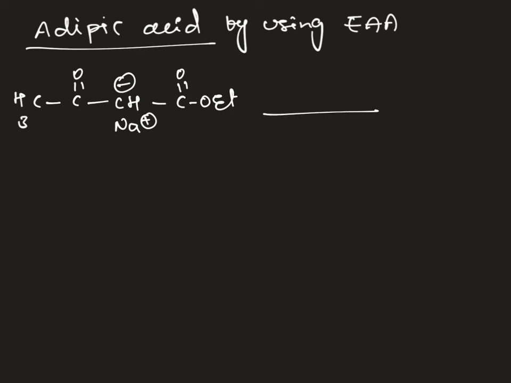Now I have to react this compound with a haloester, and we know how many carbon atoms are coming from the dicarboxylic acid: 2 carbons. Still we require 4 carbons. Now I am taking the corresponding halogen compound, bromo.